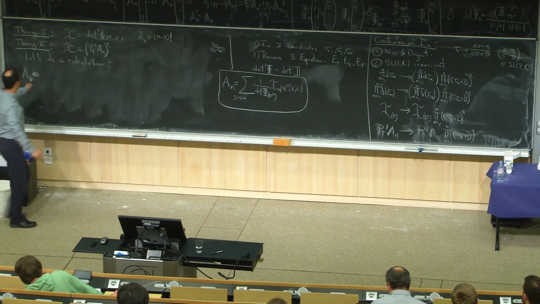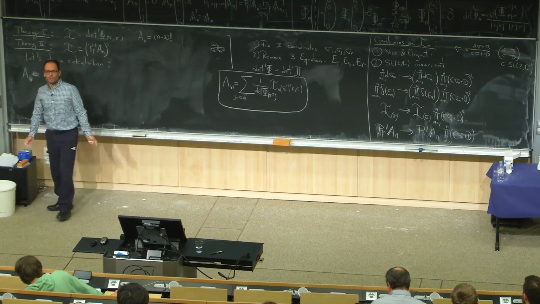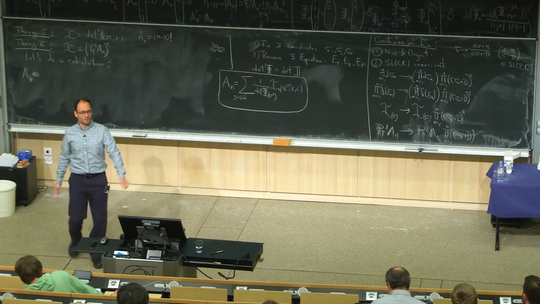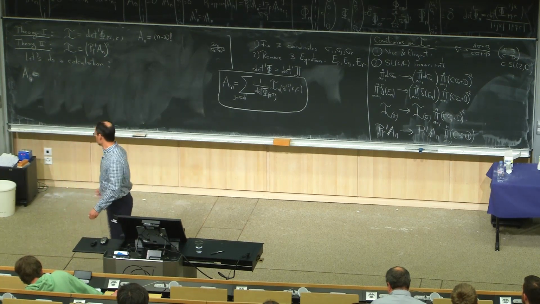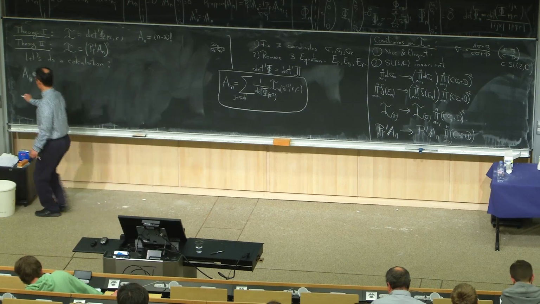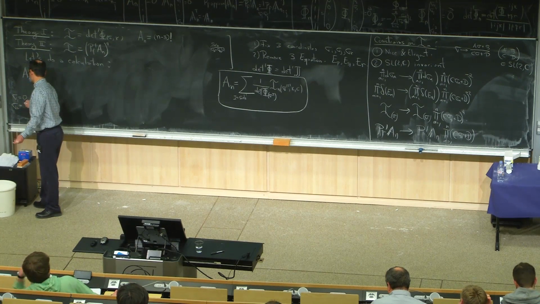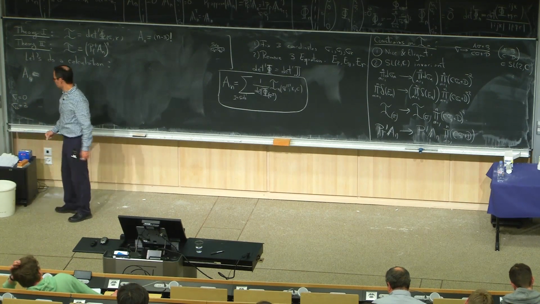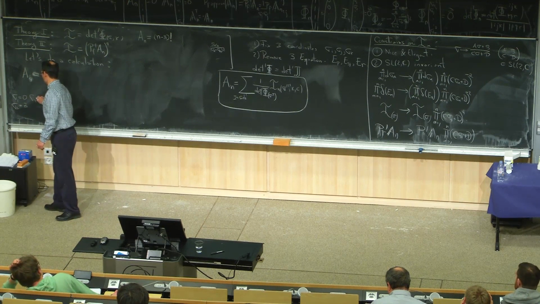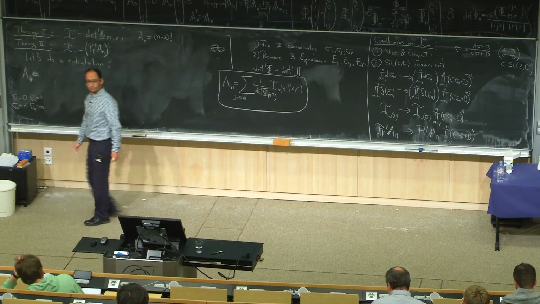So let's do it. For 4 particles, maybe during the second lecture, we decided to use SL(2,C) to fix sigma 1 to be 0, sigma 2 to be our variable, which we could call Z, sigma 3 to be 1, and sigma 4 to be infinity.